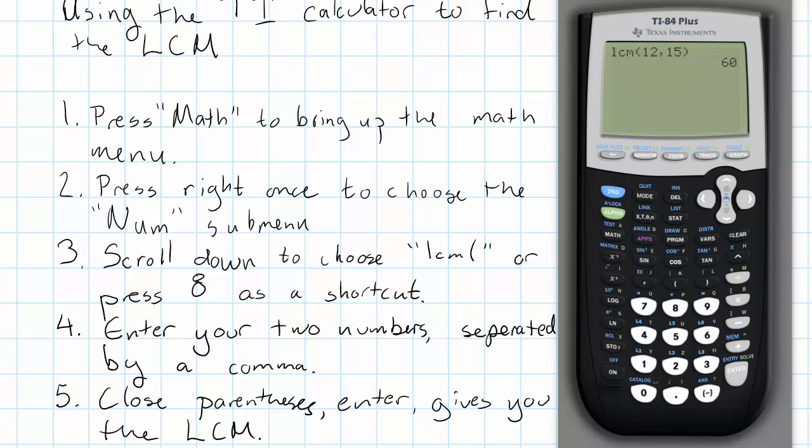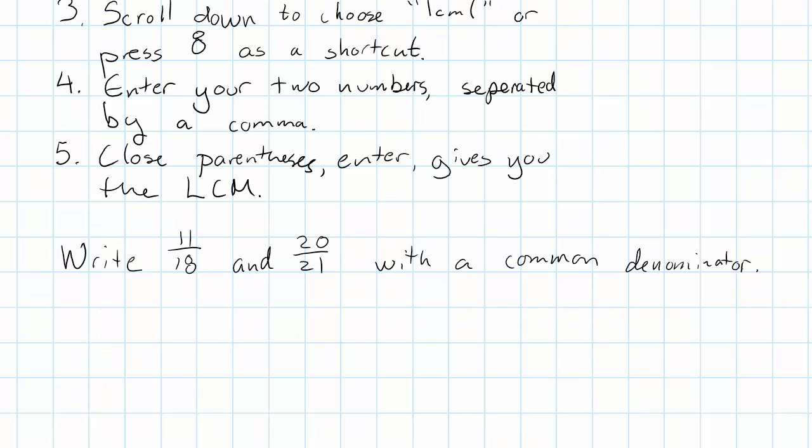Let's do a quick example where we write two fractions with a common denominator, using the calculator to help us find what our common denominator ought to be. In this example, we're going to write 11/18 and 20/21 with a common denominator. We're going to start out the same way that we did before, right?